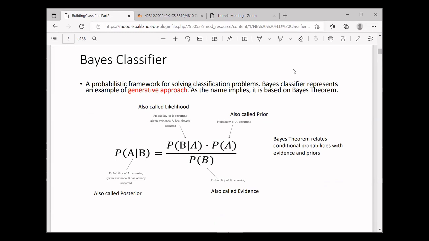And it is based upon the Bayesian formula that we looked at earlier when we talked about basic introduction to probability and statistics. All right. It's an example of generative approach. You remember I mentioned that there are three kinds of approaches people use for designing classifiers. One of them is the generative approach, which looks into the probability distribution of the data and tries to build a classifier using that information.